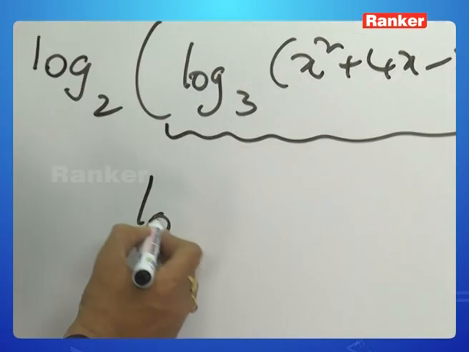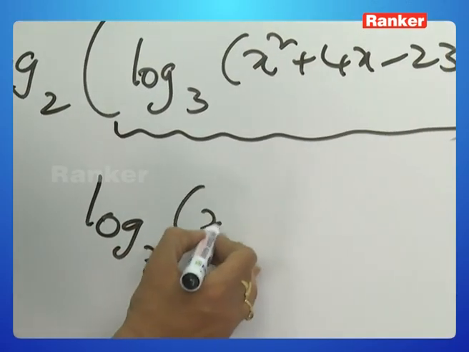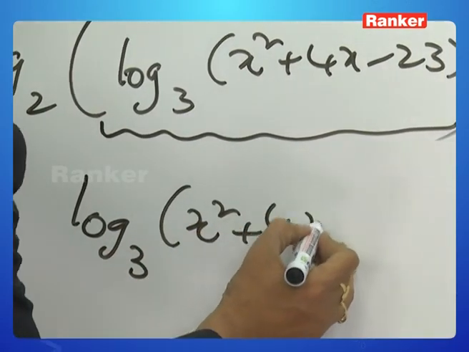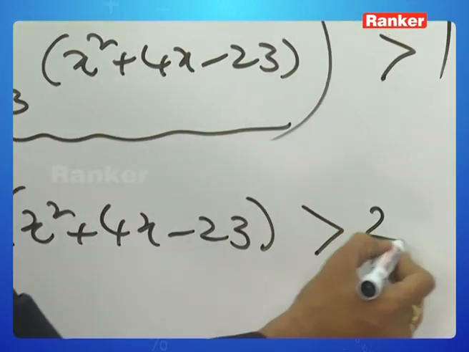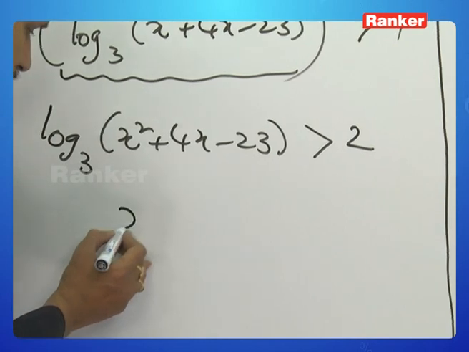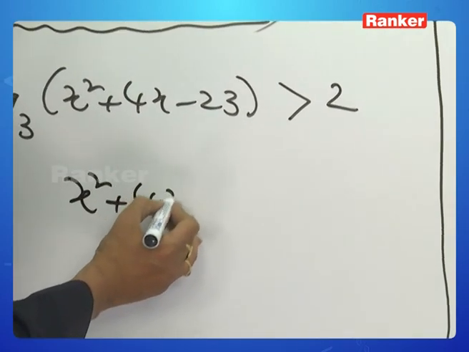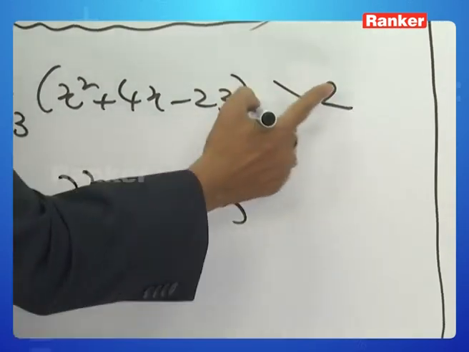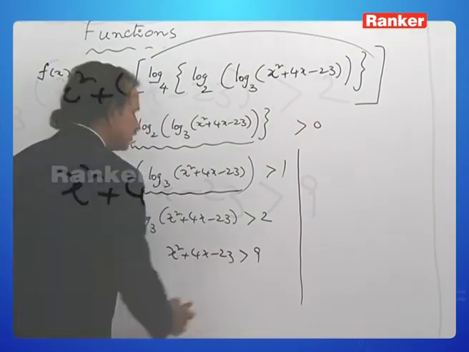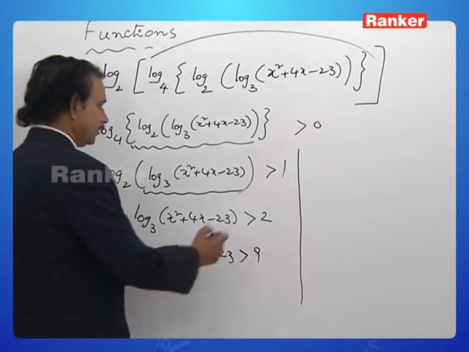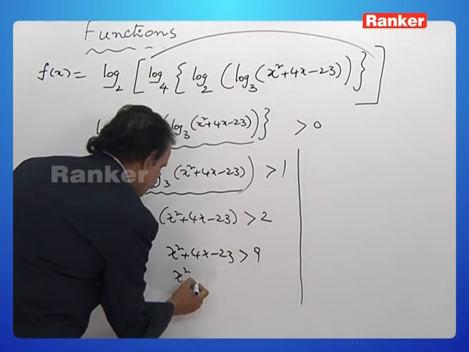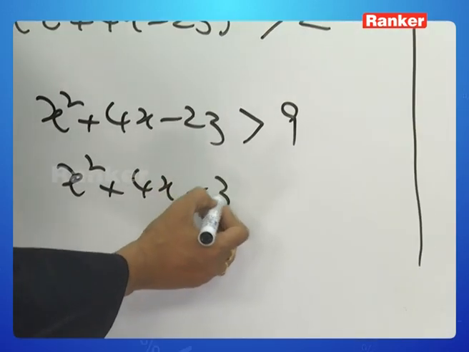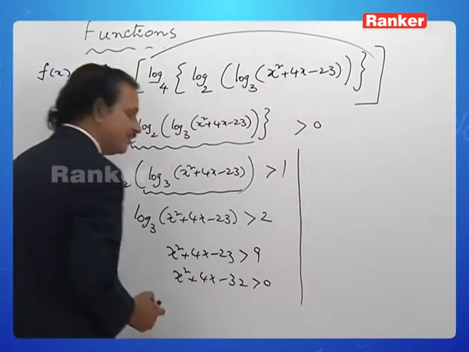That is, log to the base 3 of x squared plus 4x minus 23 is greater than 2 power 1, that is 2. Therefore, x squared plus 4x minus 23 is greater than 3 squared. 3 squared is 9. Therefore, x squared plus 4x minus 32 is greater than 0.